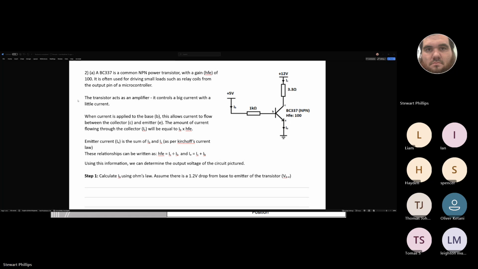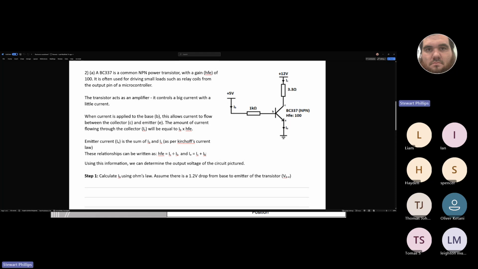So it's the current flowing in this portion here multiplied by the HFE, the gain. The emitter current IE here is the sum of IB and IC as per Kirchhoff's current law.